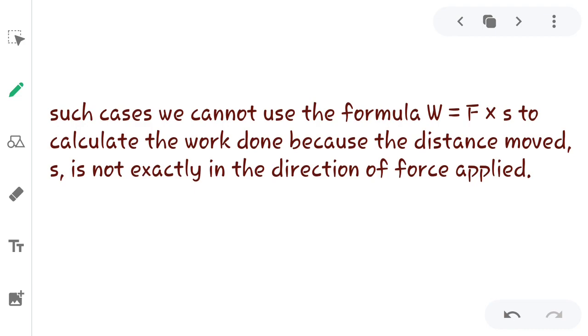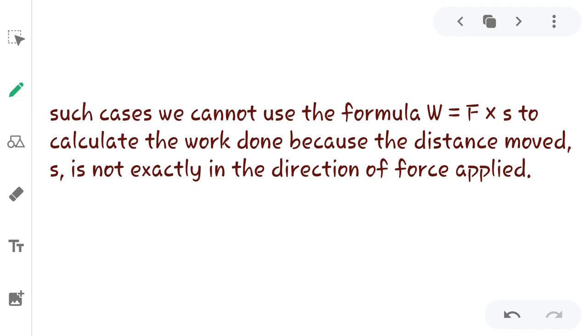We have talked earlier that the work is force into displacement. So the displacement is a vector quantity, it has a direction. So when the displacement has direction, we need to have an exact direction with force.